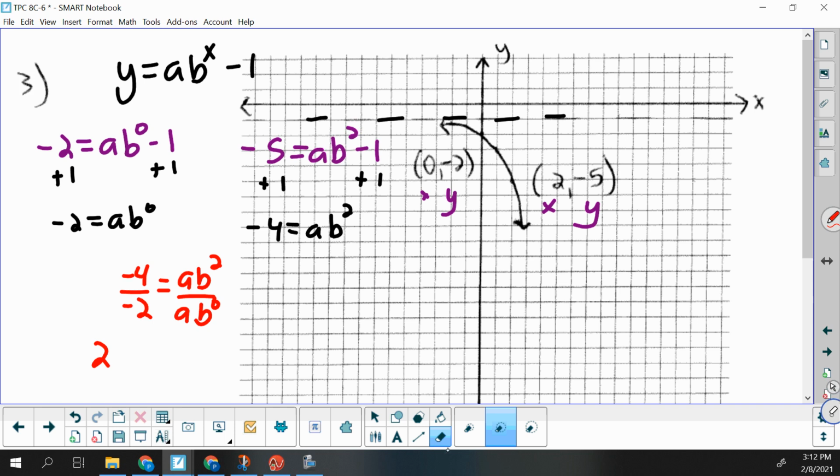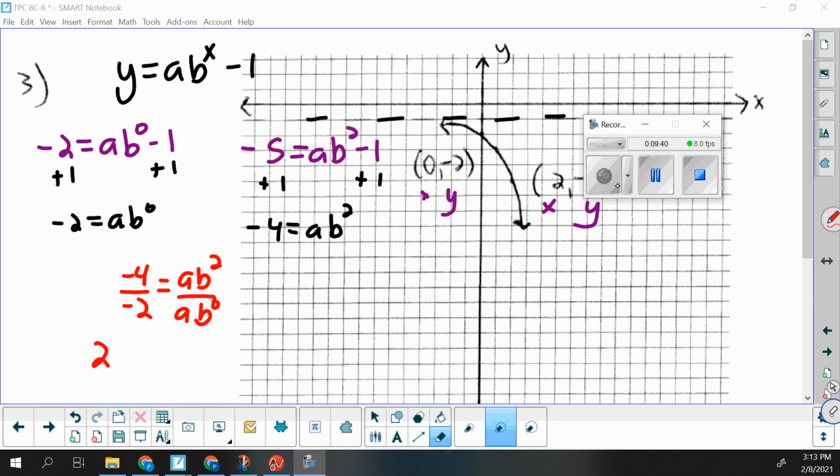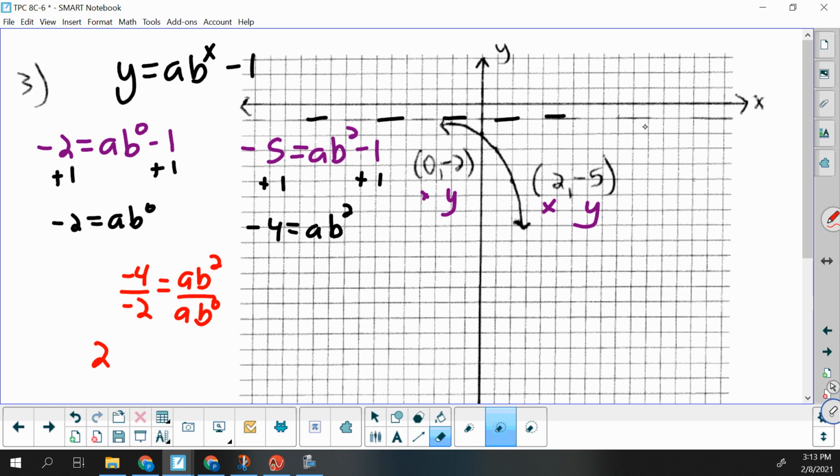That was off. Sorry, I had an addition error there. Negative 2 plus 1, this should be negative 1 here. So we're now dividing by negative 1, meaning this is 4. Sorry about that. The a's divide out.